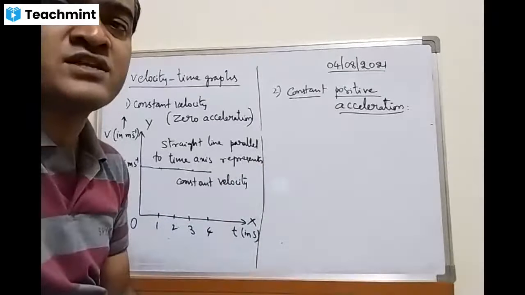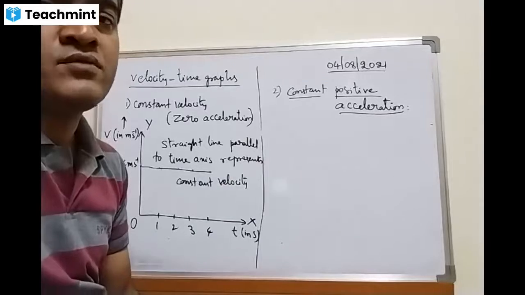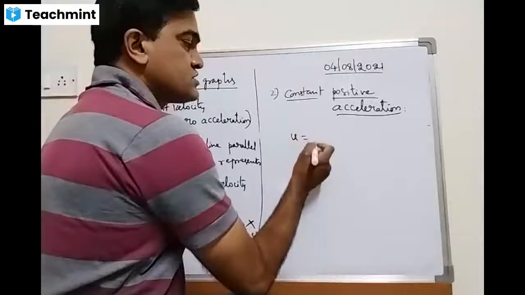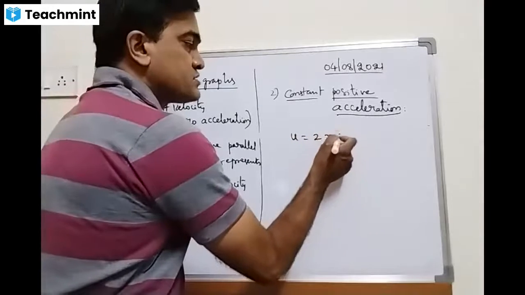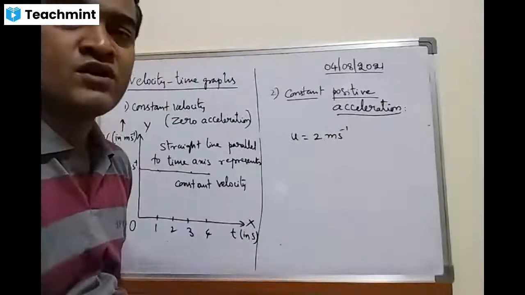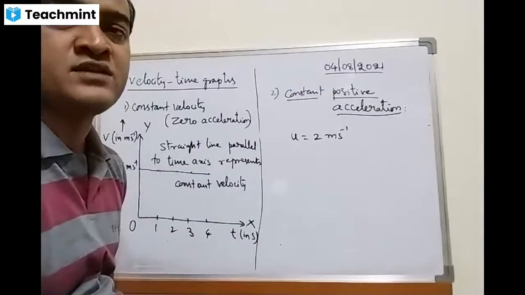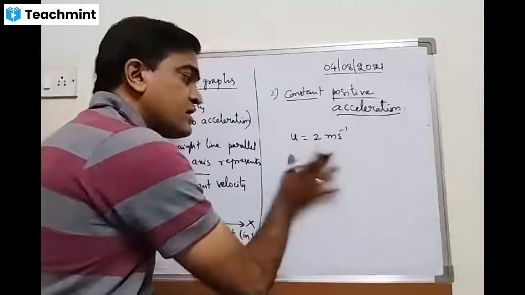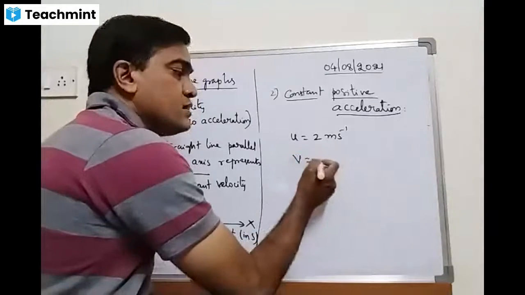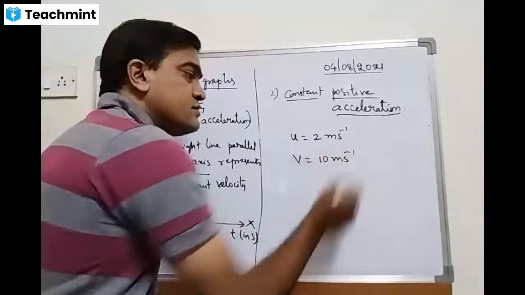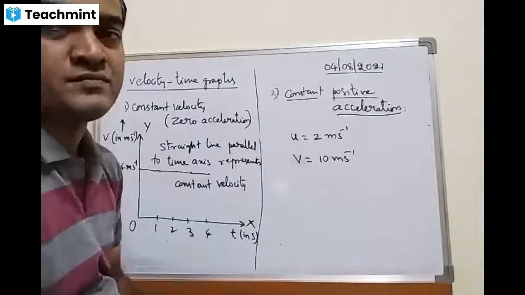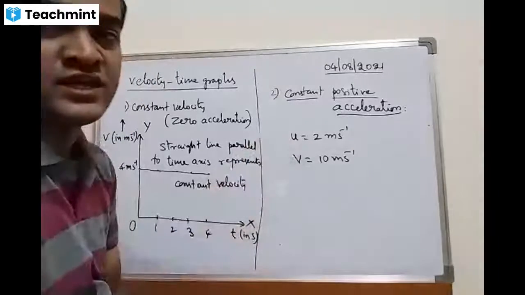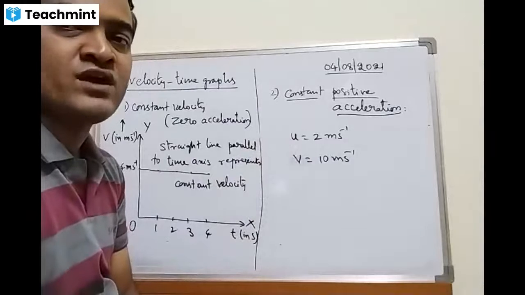When can you say that acceleration is said to be positive? Let's say the initial velocity of the particle is 2 meter per second, and the velocity of the particle got increased to, let's say, 10 meter per second during a time of 5 seconds. Now what will I get as the value of acceleration?